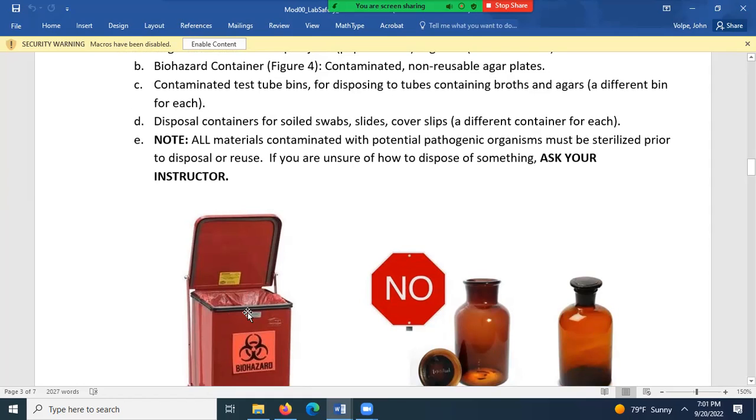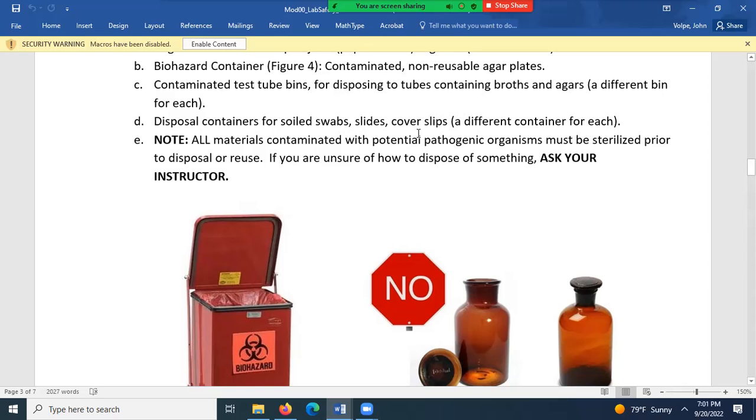Anything that's glass never goes in the biohazard contaminant area. Glass, like test tubes, goes in the test tube rack. Remove the tape from it. Soiled swabs go in a swab container where there will be bleach in it. Slides go in the slide container where there will be disinfectant or bleach in it.